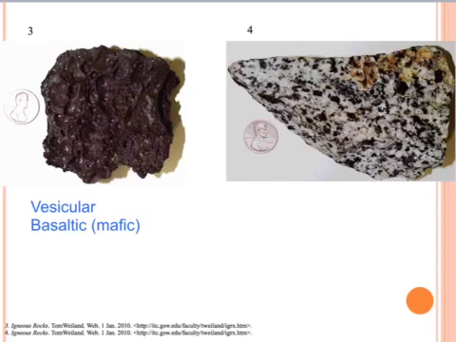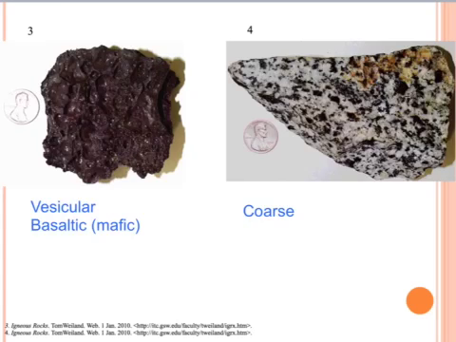Now look at the last rock. What is its texture? Coarse, fine, vesicular, or glassy? Your answer is coarse because you can see different colors. I see white and I see black.